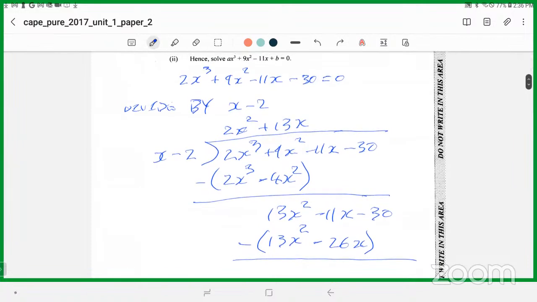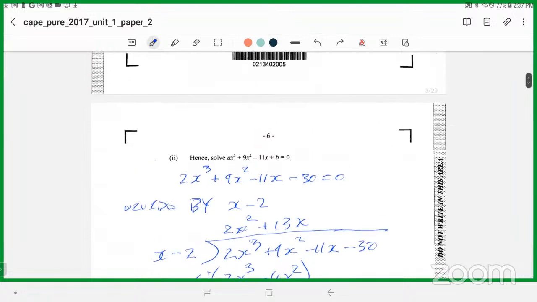It's minus 2. 2x cubed divided by that gives me 2x squared. And 2 times that gives me that. Minus that, plus 9 and 4 is 13. 13 times 2 is 26. Isn't it? Hold on, x minus 2 was a factor.